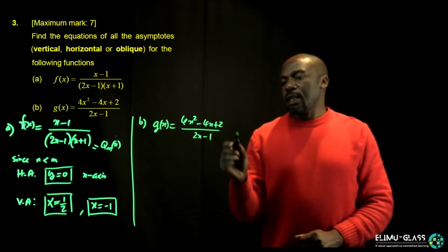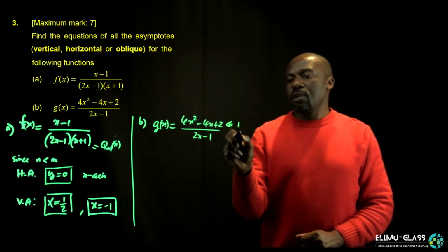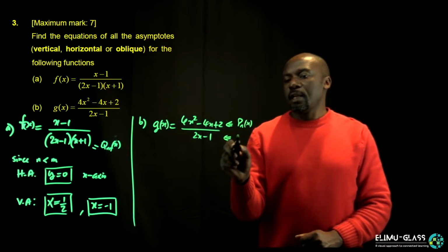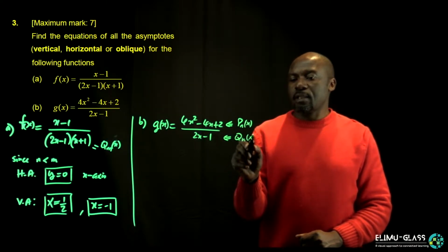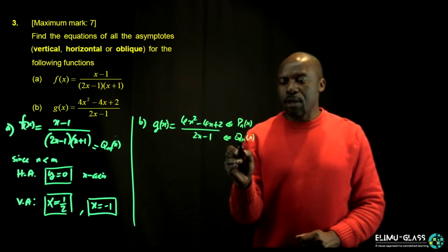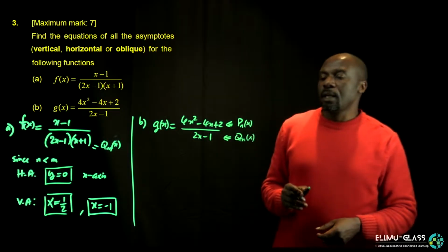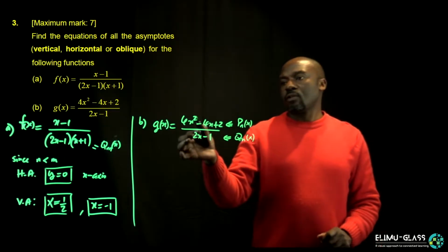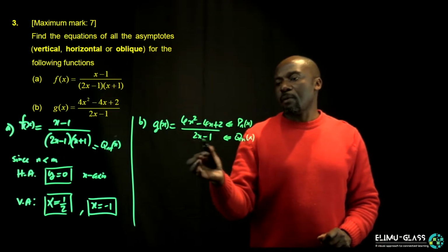Now you can see that if this is a Pn of x, and this one here is a Qm of x, polynomial of order m, then you can see that the order n, this is squared, and this one is power 1.